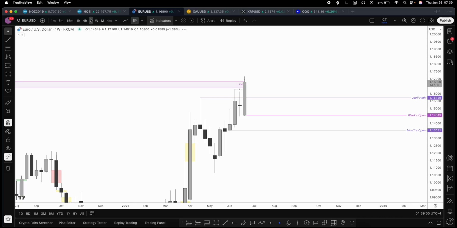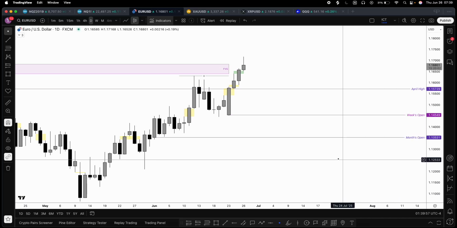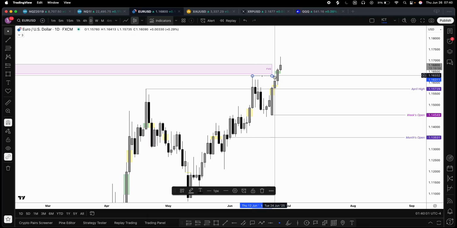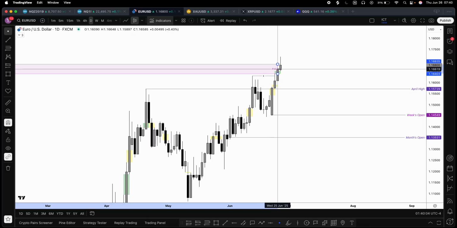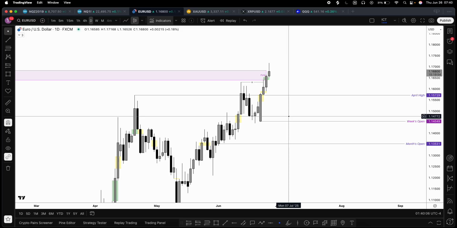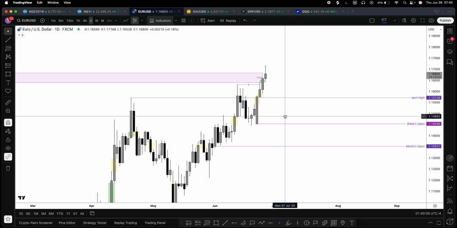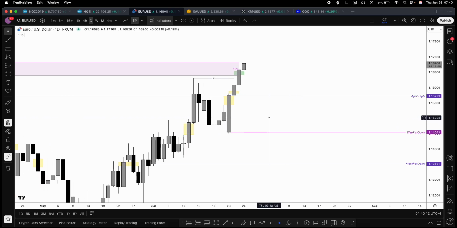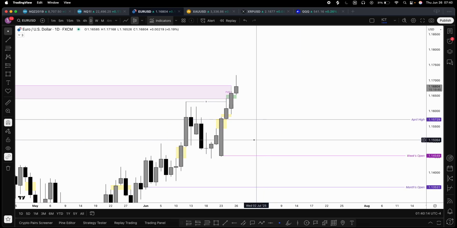Okay, I'm gonna go to the daily chart. Fix this line up. So, I would say our daily bias is bullish.